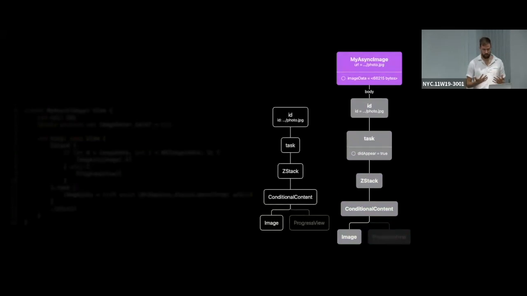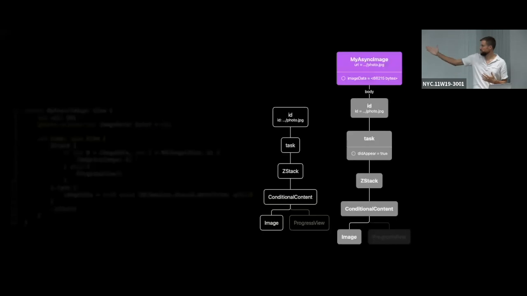Oh yeah, first let's look at that this works. Let's say the task just appeared, didAppear equals true. We have the new task. Now the photo.jpg loads and it updates the image data. And we have this new data, which means the render tree gets invalidated. So SwiftUI needs to re-execute it again. And now it has access to this new image data, right? And it constructs basically a very similar view tree.